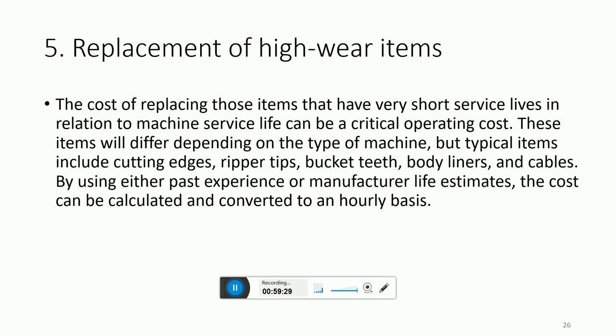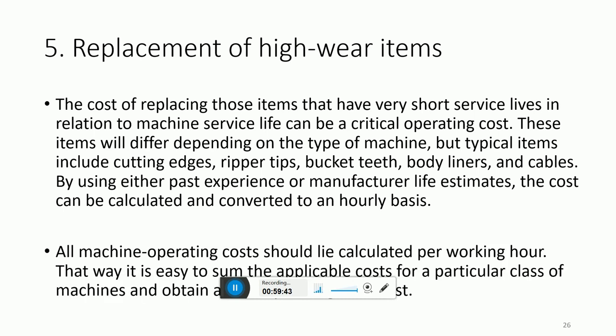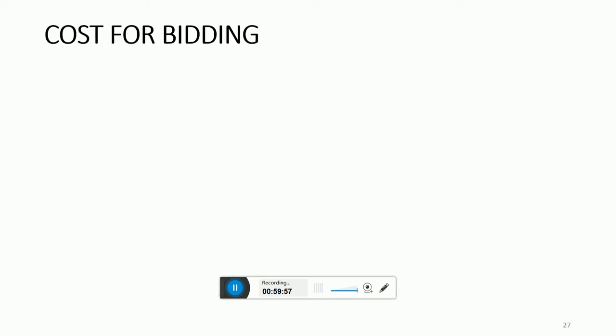By using past experience or the manufacturer's life estimates, these costs can be calculated and then converted to an hourly basis, that is, how much the hourly cost will be. So these can be calculated per working hour, and it is very easy to sum all the applicable costs for a particular class of machine.